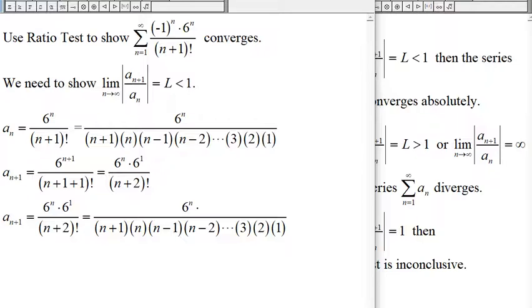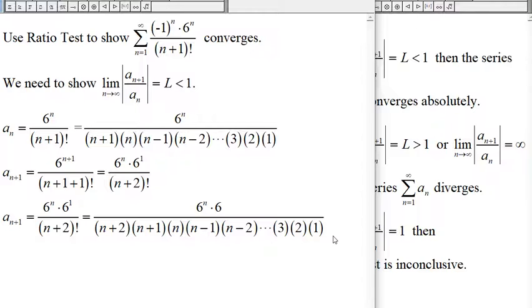So that would be 6 to the first, which is 6. And then right here, instead of starting with n plus 1, we need to start with n plus 2. So n plus 2 factorial just means n plus 2, and then subtract 1, we get n plus 1. Subtract 1, we get n. Subtract 1, we get n minus 1.